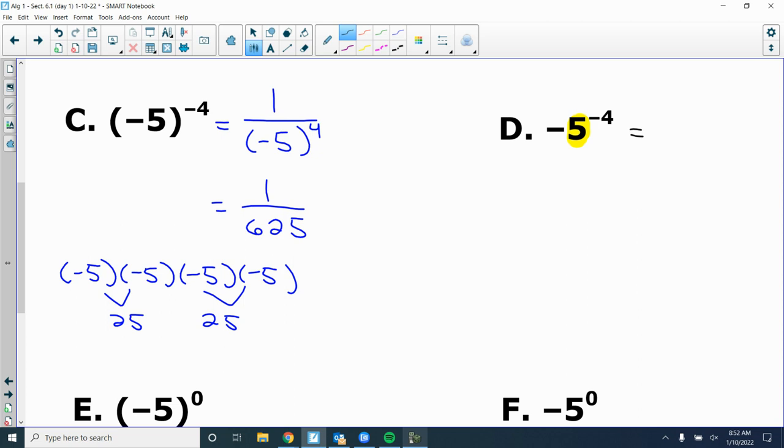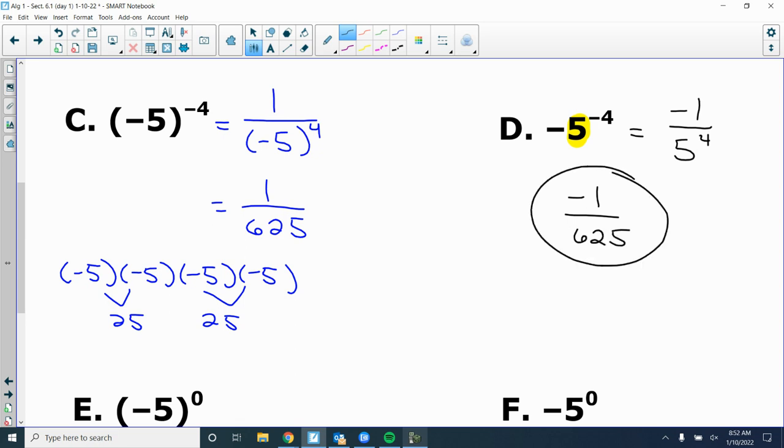This becomes negative, stays up top with the 1, and it becomes 5 to the 4th power down below. Because it is not in parentheses, that negative number is not to the power. Well, the negative 1 is not going to get affected. What is 5 to the 4th power? We already figured that to be 625. So this one will be a negative answer. This one will be a positive because of how the parentheses are written.